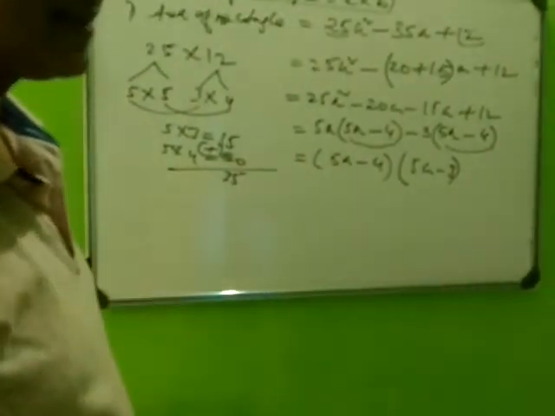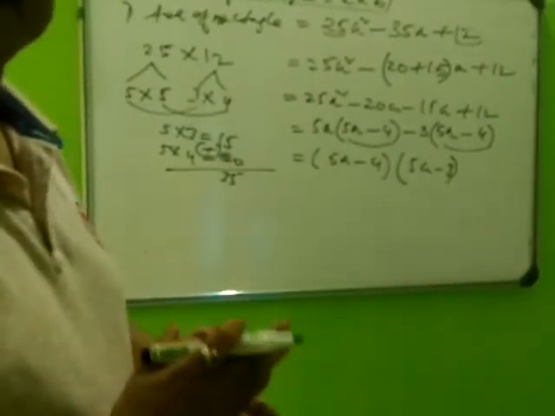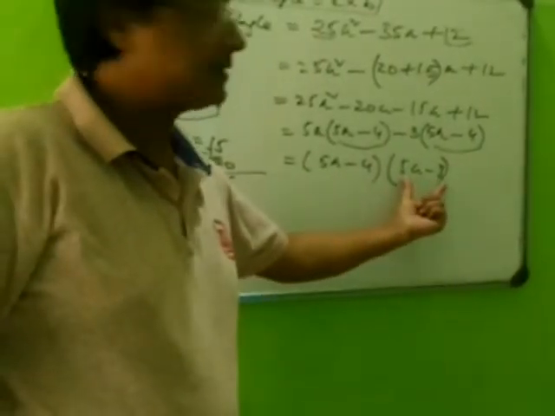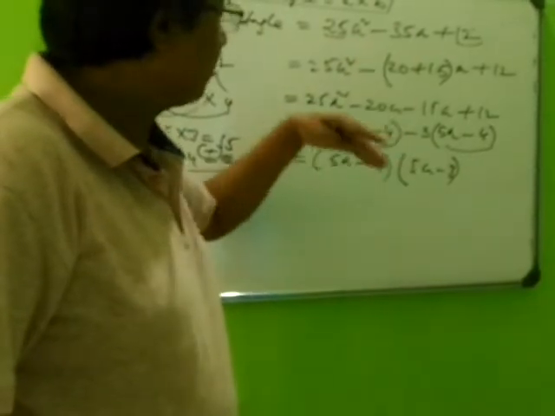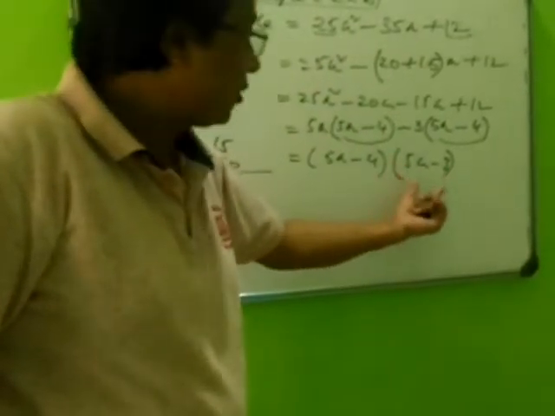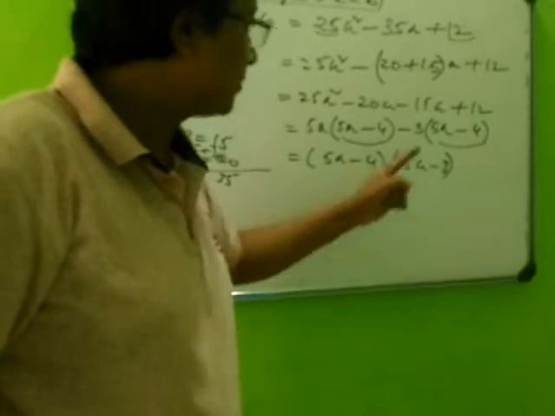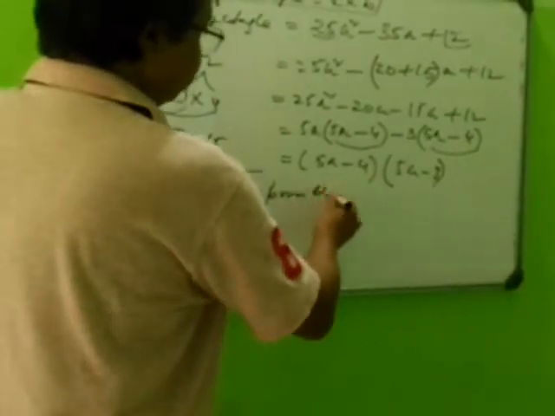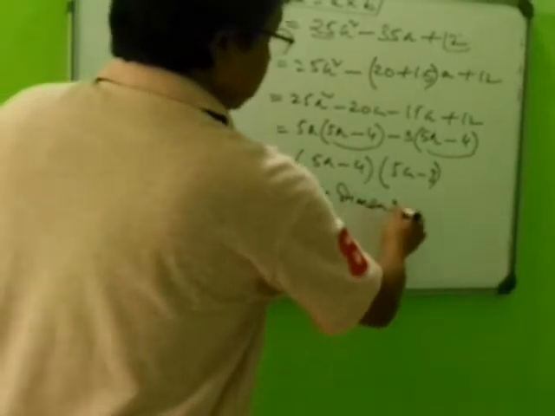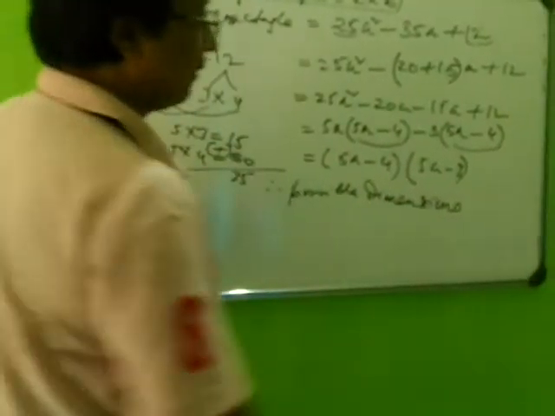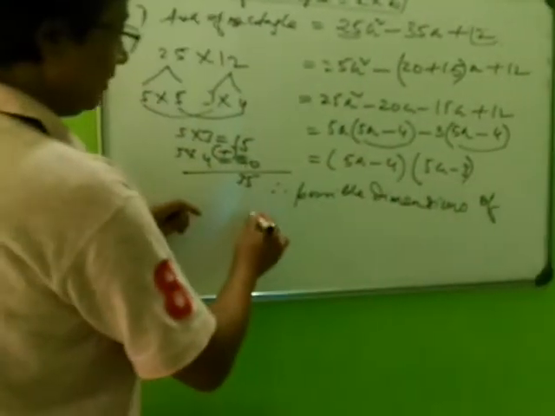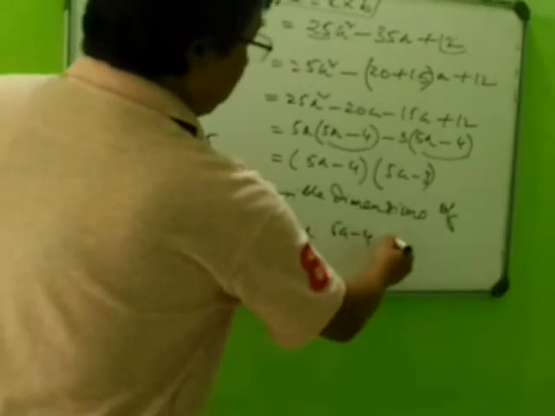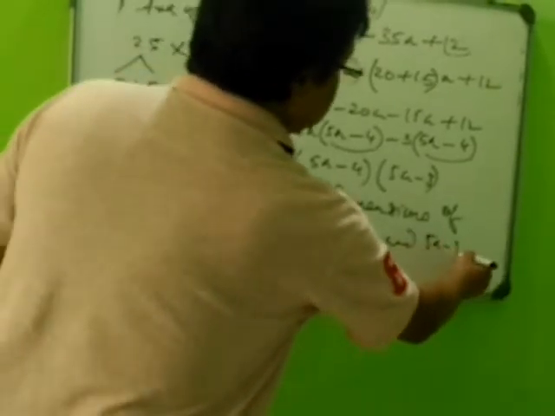Now the question asked is to give the possible length and breadth. So the dimensions are this and this, just like length into breadth. You can say this is length and this is breadth, or the other way round. Therefore, the possible dimensions of the rectangle are 5a minus 4 and 5a minus 3.